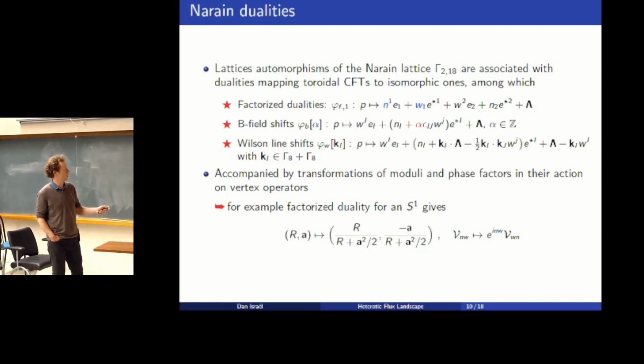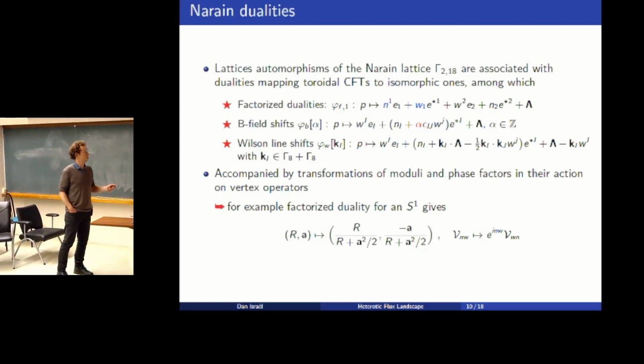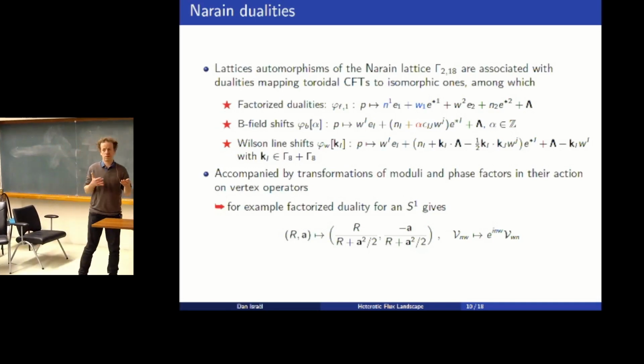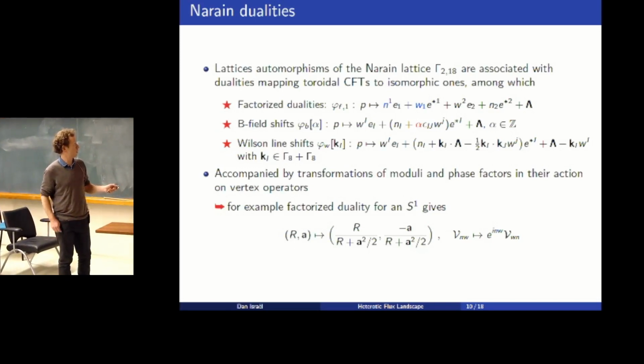You just flip winding and momenta around one circle. The second one is proper to 2 dimensions and more. It just amounts to shifting the value of the B field by some integer. And the last one, which is the most interesting in this case, because it really relies on the asymmetric nature of the heterotic lattice, is the Wilson line shift, when you shift the Wilson line by some vector of gamma 8 plus gamma 8.